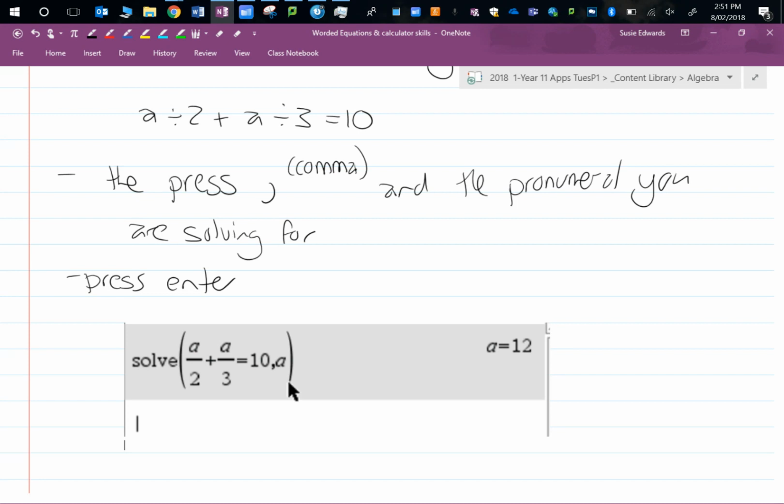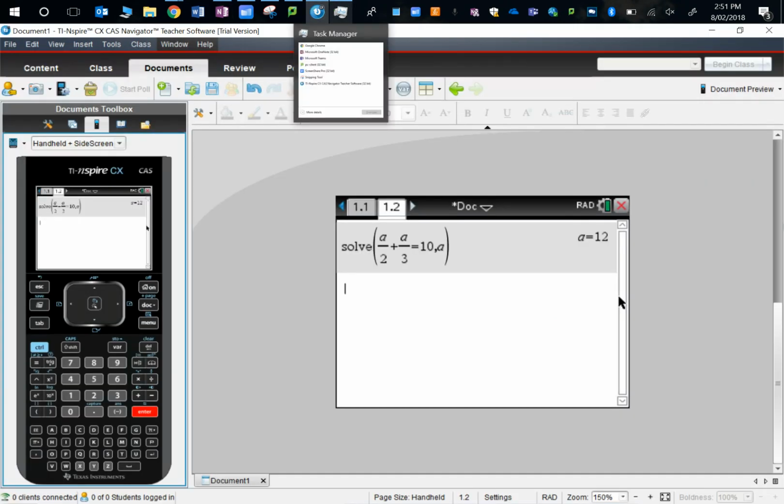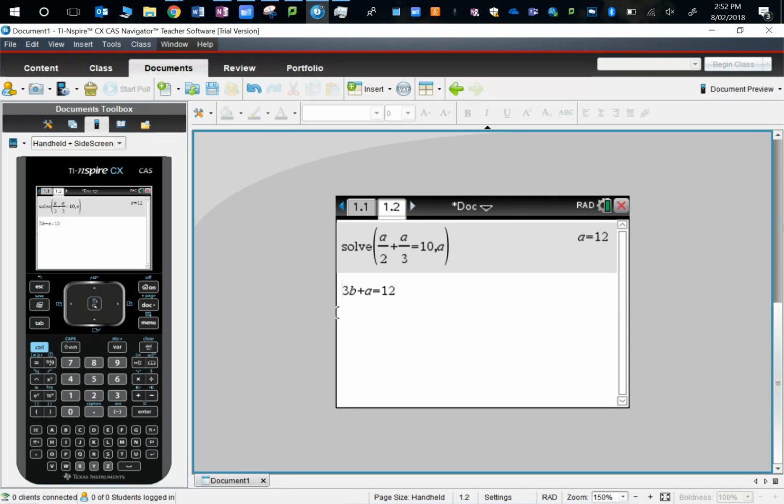All right, so if I just show you what I mean by why we have to put the comma A is I might have an equation which says 3b plus A, so 3b plus A equals 12. See how there are two pronumerals there? Oh, actually write solve too.